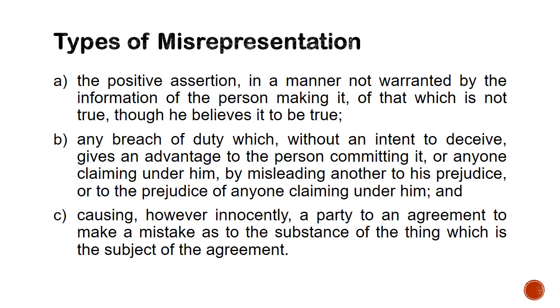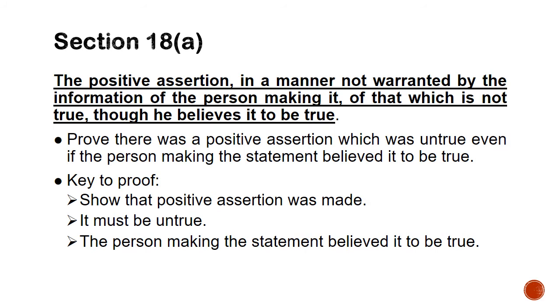So types of misrepresentation, as I mentioned earlier, we're coming back to the different categories. We'll go through each category to get some understanding of how it works. Now, if you look at section 18A, 18A's focus is that it has to be a positive assertion in a manner not warranted by the information of the person making it of that which is not true.